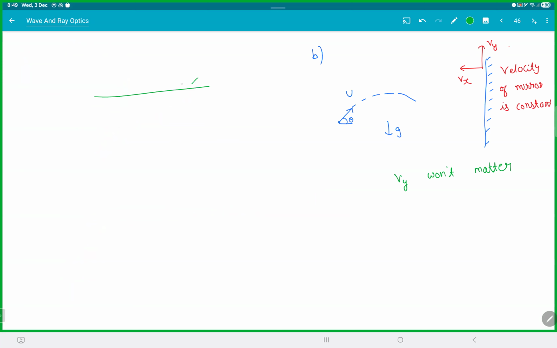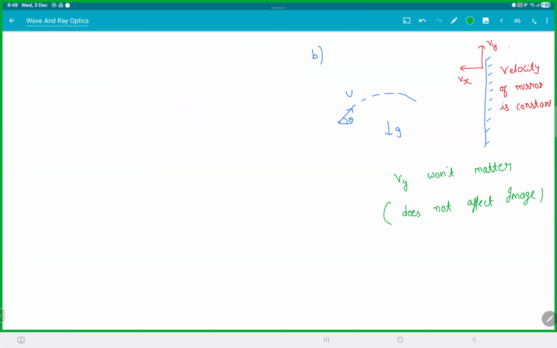If there's a mirror in front of you, and you're standing in front of the mirror, and the mirror is going with some speed v parallel to the mirror, what happens to your image? Your image will not go away with the mirror, right? The image will always be in front of you. Are you clear? If the image goes away, it is a ghost. Clear? Only velocities along the normal will matter, right? Vy won't matter. This does not affect the image. I hope everyone is okay with that.